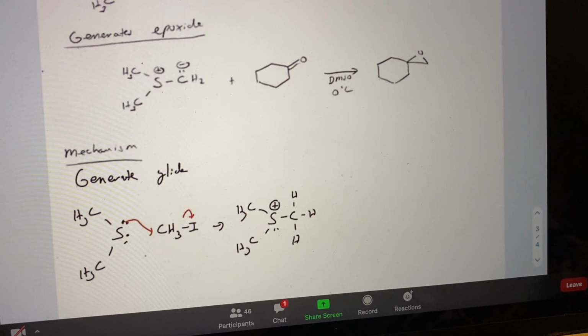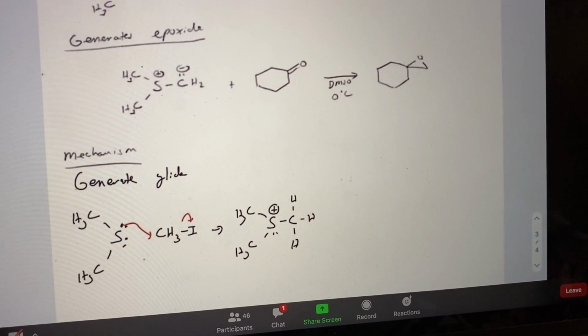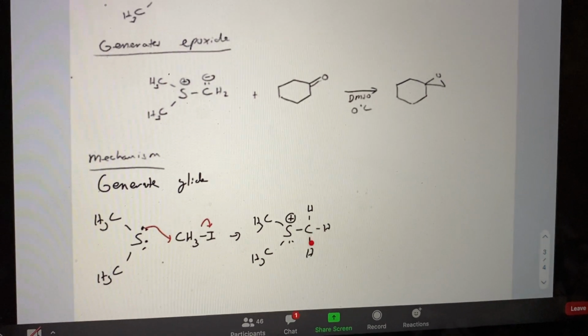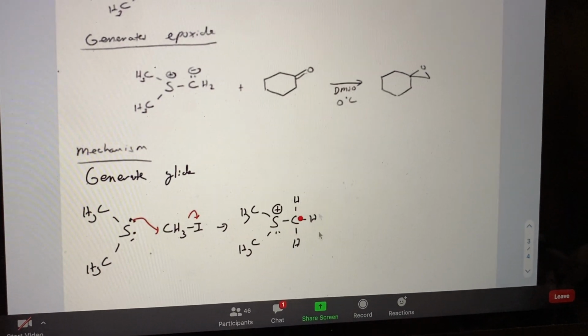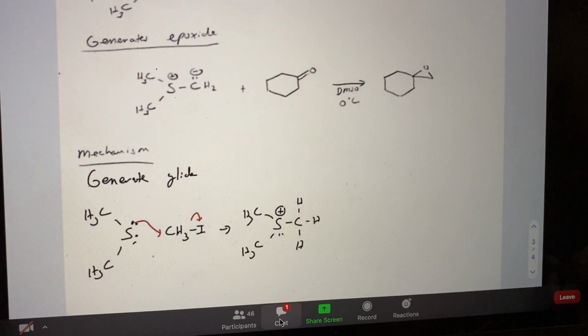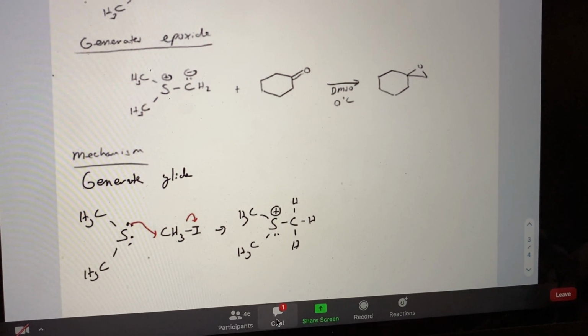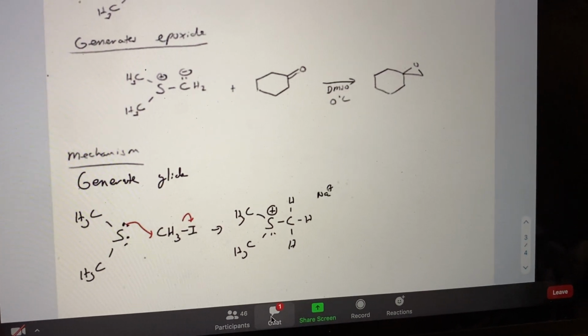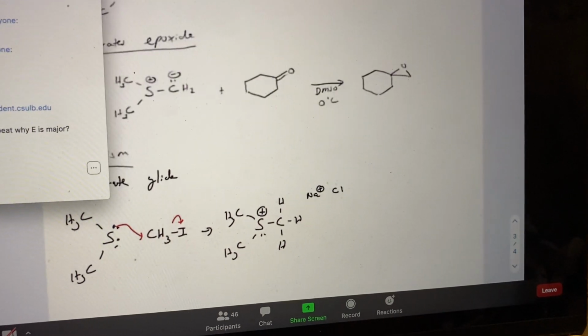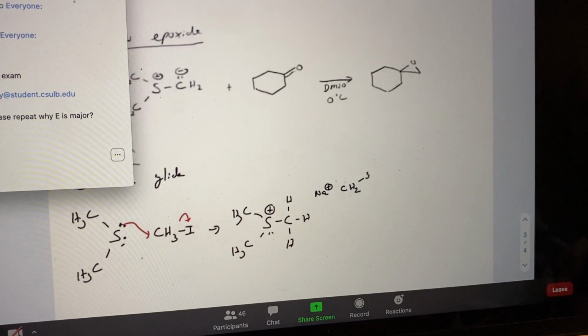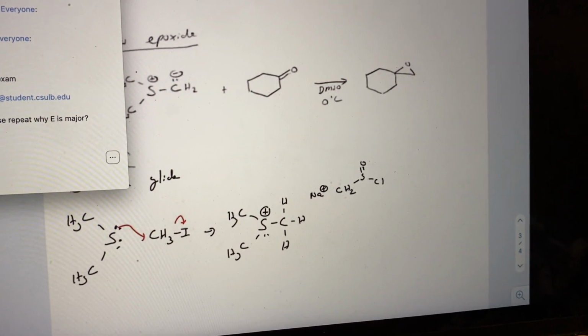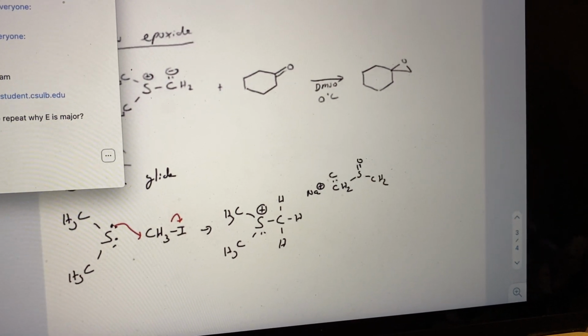Now we need to get our negative formal charge. So what we need to do is to have a base take off one of these protons. This carbon actually is relatively acidic next to this positively charged sulfur. As a detail, you'll oftentimes see the conjugate base of DMSO. So this will have a negative charge.